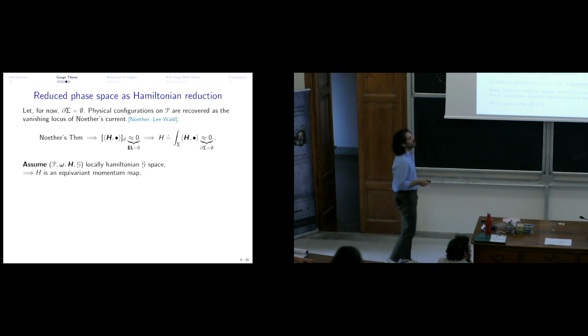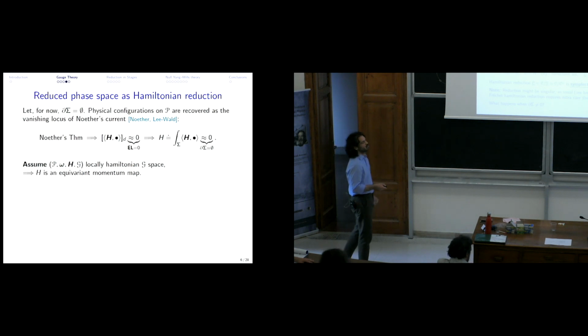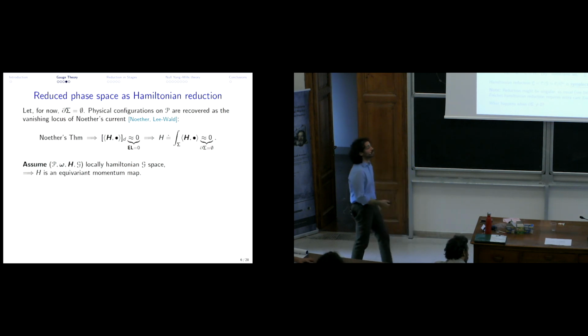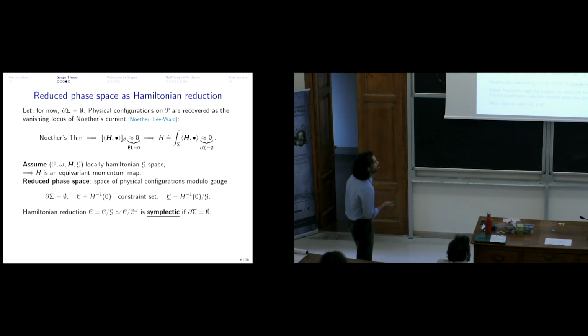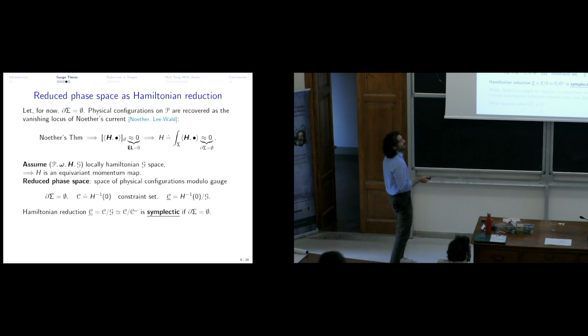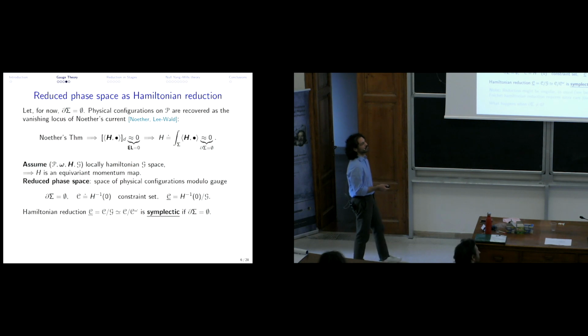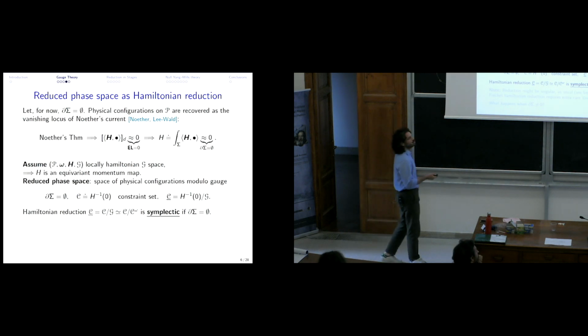So whenever we can induce this locally Hamiltonian G space from the data of a Lagrangian field theory, the integral of the Noether current is an equivariant momentum map. Then, the reduced phase space, which is physically defined as the space of configurations on shell that satisfies the equations of motion, modulo the action of the group, is going to be the zero level set of this momentum map, modulo gauge.